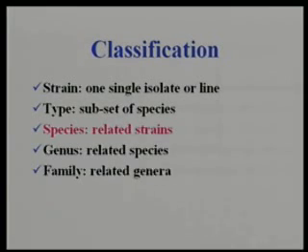In the case of Streptococcus pyogenes, the species name would be Streptococcus pyogenes. The genus part of the word would be Streptococcus. So the first word tells you what genus it's in. The second part of the word is the species word. So Streptococcus pyogenes and Streptococcus agalactiae would be two species within the genus Streptococcus.